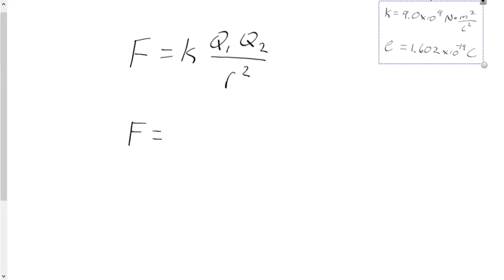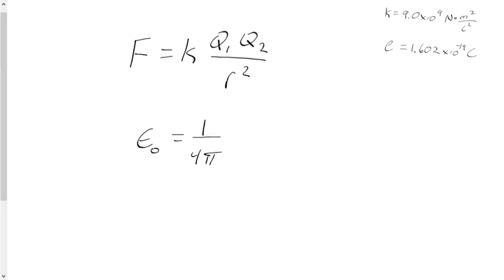There is a symbol, epsilon naught, that is equal to 1 over 4 pi k, which is in turn equal to 8.85 times 10 to the negative 12 coulombs squared over newtons times meters squared. We don't use this too much. It's more of a mathematical issue. Basically, we can rearrange it to solve for k.